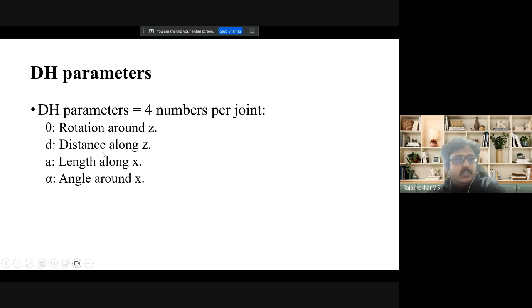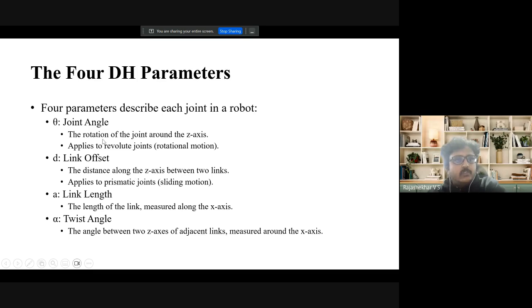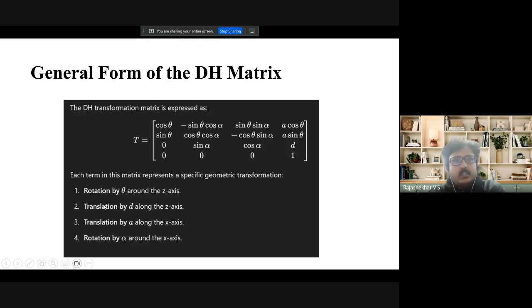The four numbers are rotation about the z axis, distance along the z axis, length along the x axis, and the angle around the x axis. Theta is the joint angle, d is the link offset, a is the link length, and alpha is the twist angle.